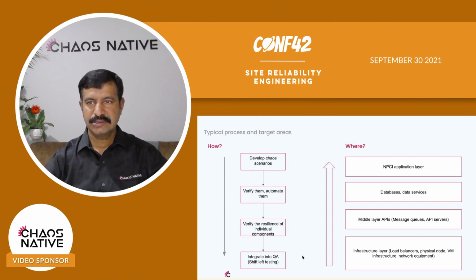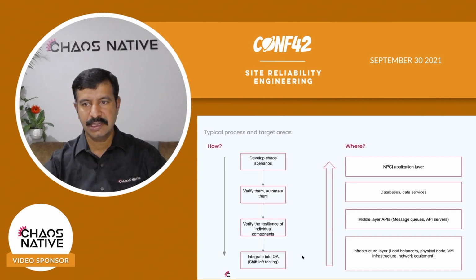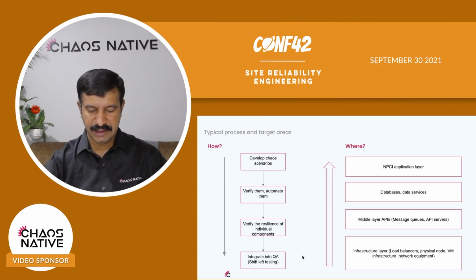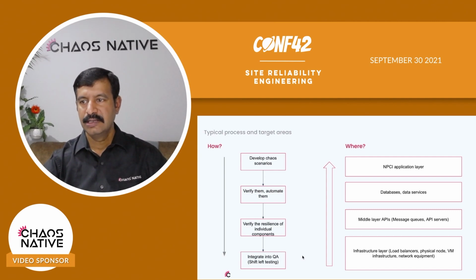So the typical process, to summarize, is you introduce the platform, you develop chaos scenarios, you automate them, and once you find a particular experiment beneficial, you put it into your regular QA as well. That is shift left chaos testing. So, where do you start chaos engineering?